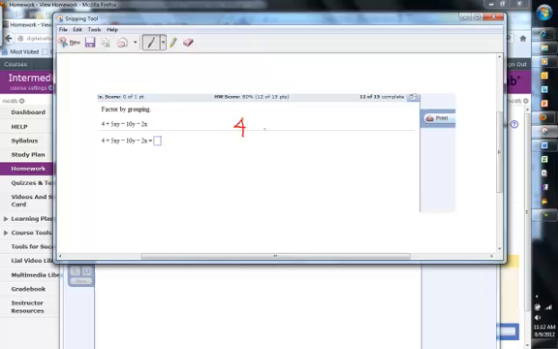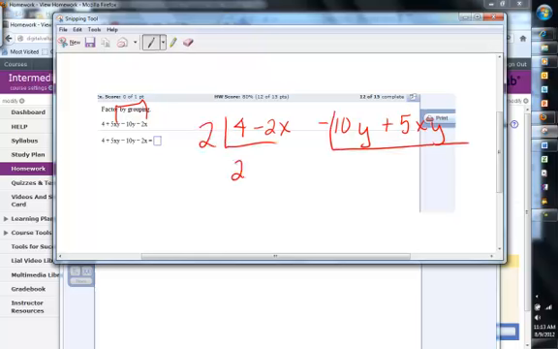Okay, 4 and 5xy have nothing in common, so I'm going to put the 4 next to the minus 2x. I'm going to switch those two around. Minus 10y plus 5xy. So I switched these two right here around. I'm going to take a 2 out of the first two, and I'm left with 2 minus x.